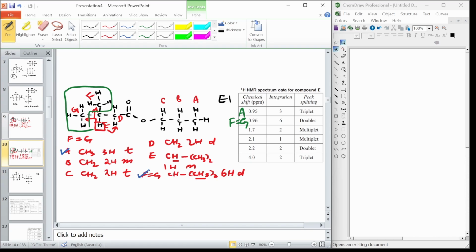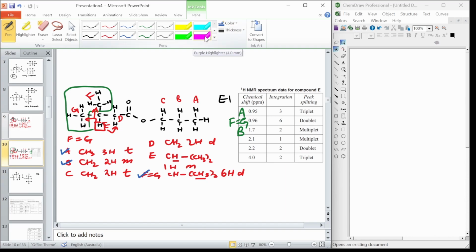Right, the next one is multiplet at 1.7, and that is B, because the other multiplet is 1, so it can't be B. 2.1 is 1 is a multiplet.